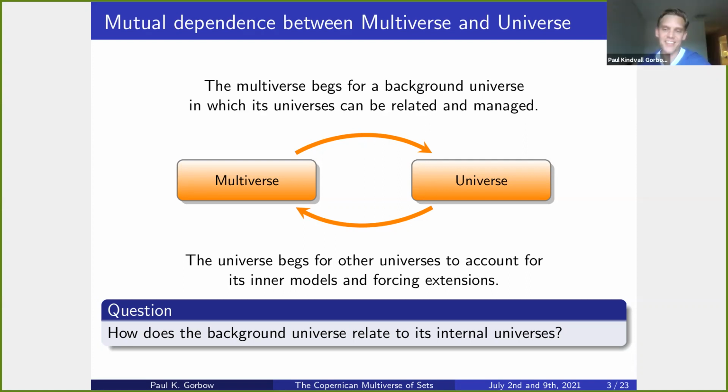It's trying to get a new angle on this divide between meta theory and object theory, saying that there is no absolute background.